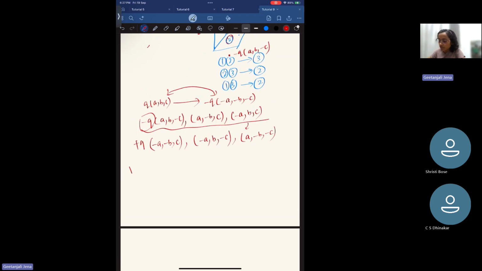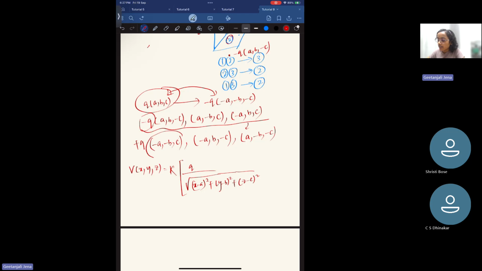To find out the potential, V at any point x, y, z is KQ by R, right? Where K is 1 by 4 pi epsilon naught. So the charge Q at A, B, C will give Q by the square root of (x minus a) square plus (y minus b) square plus (z minus c) square.